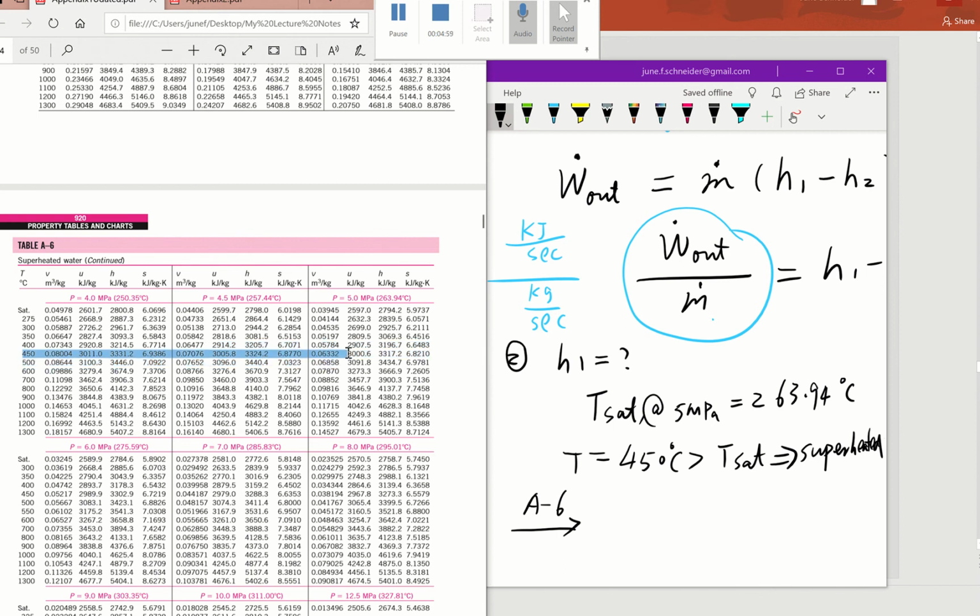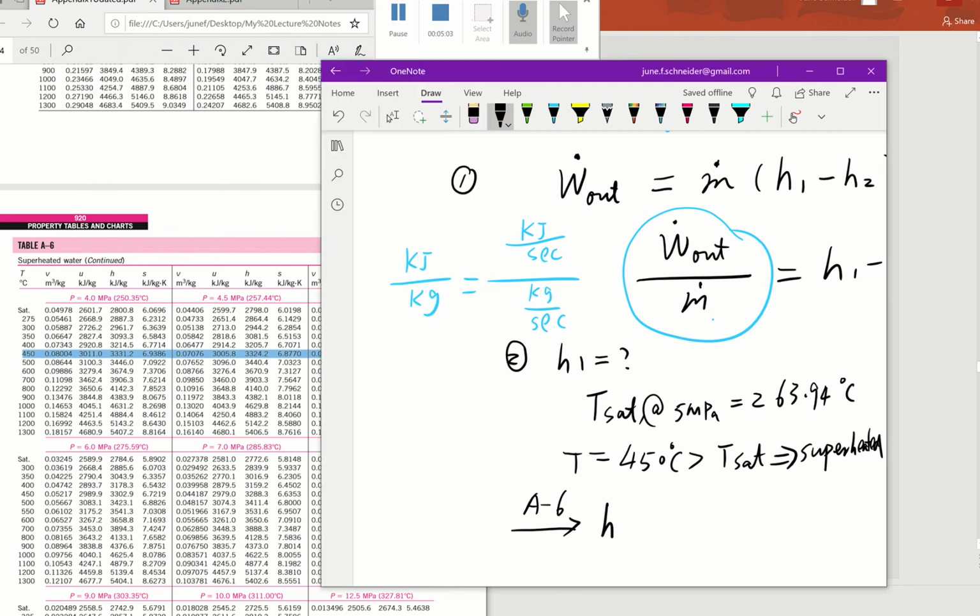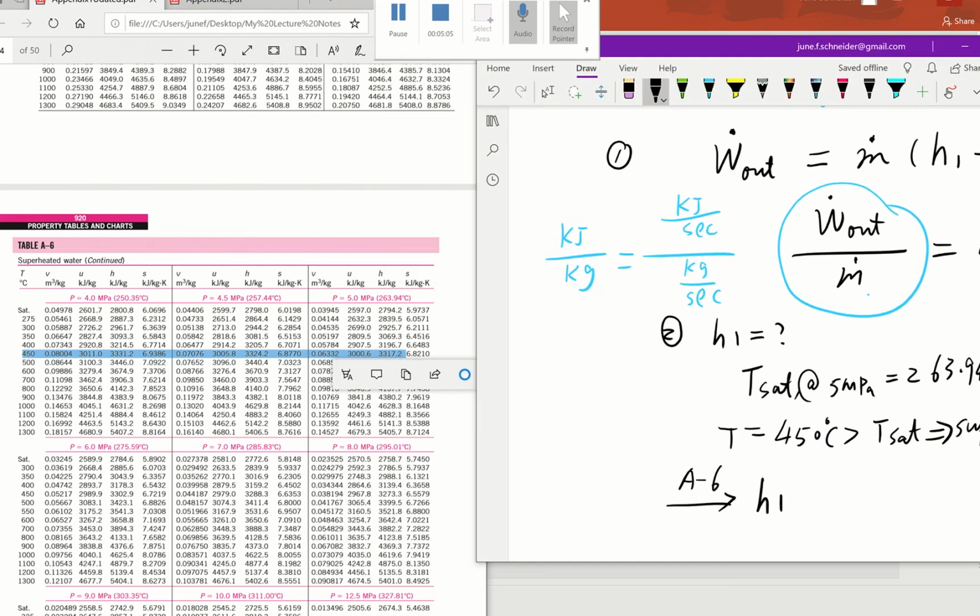What we want to solve is H, so we go to H1. Our H1 value is 3317.2 kilojoule per kilogram.